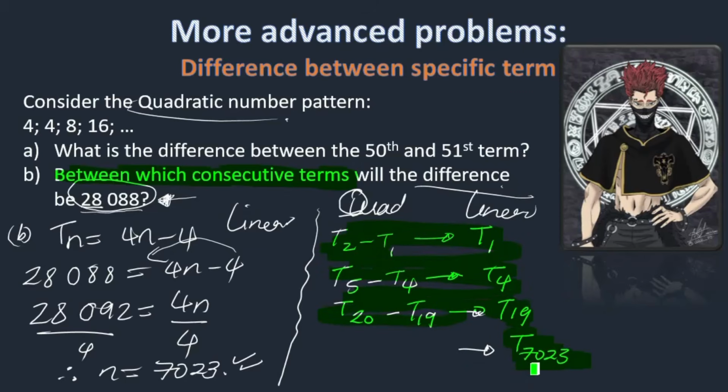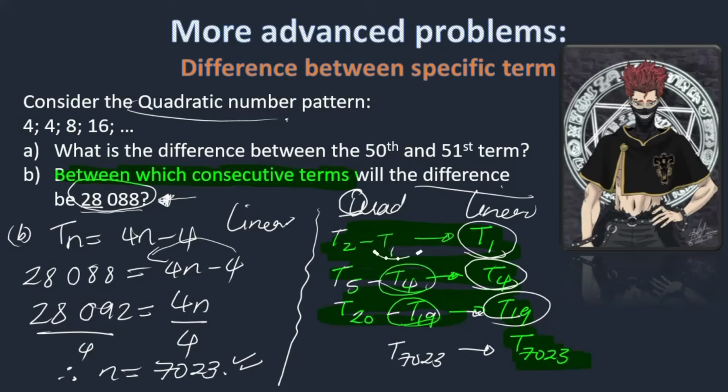So if this is found between, it means the number here is T7023. Like this one, you see how this number matches with this, how this number matches with this, how this number matches with this, right? So this number will also match with this one. And this one will be 1 unit higher, which is 7024.